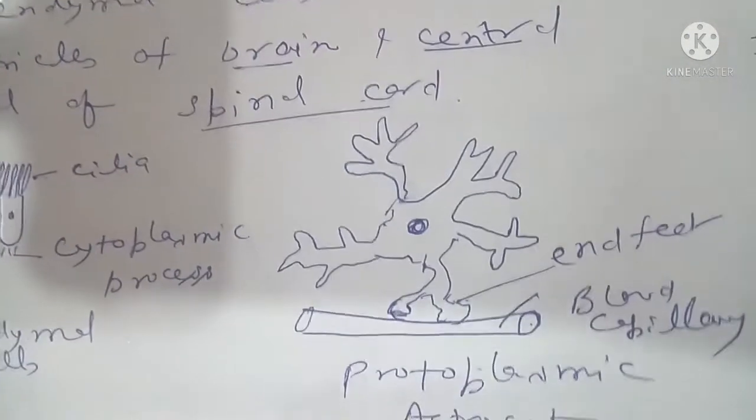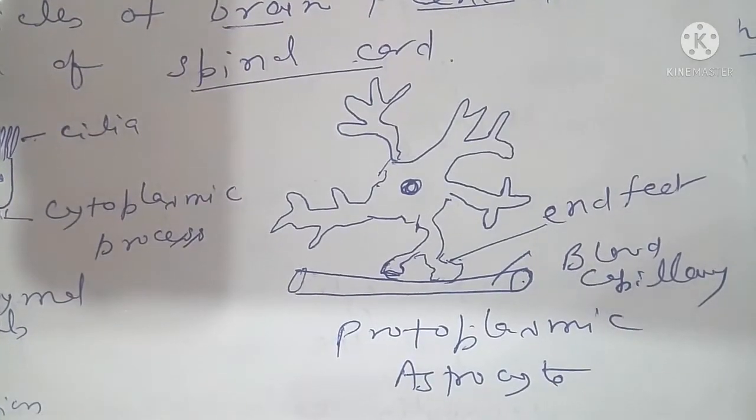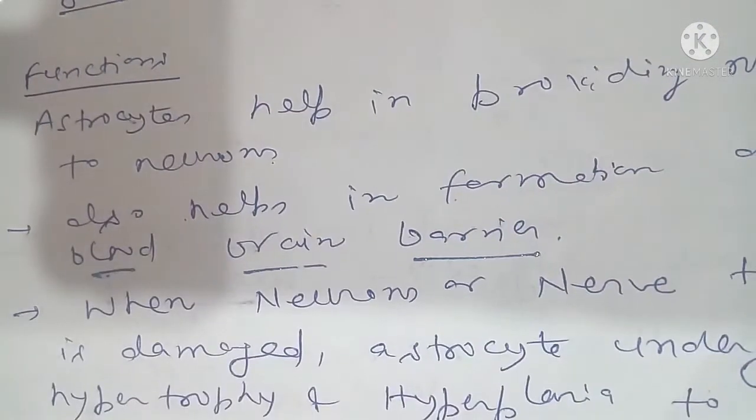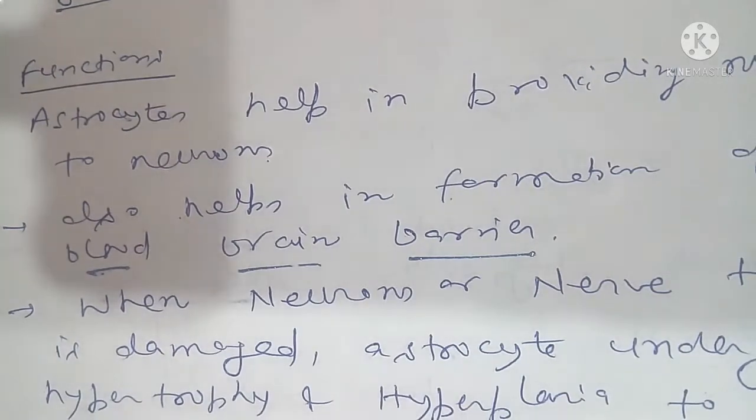Figure showing the protoplasmic astrocytes. When the neurons or nerve tissue are damaged, the astrocyte cells undergo hypertrophy and hyperplasia to form hardened scar tissue. What is hyperplasia? It is an increase in the number of cells. And what is hypertrophy?